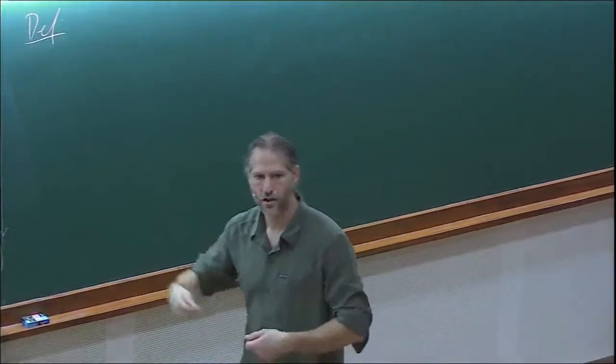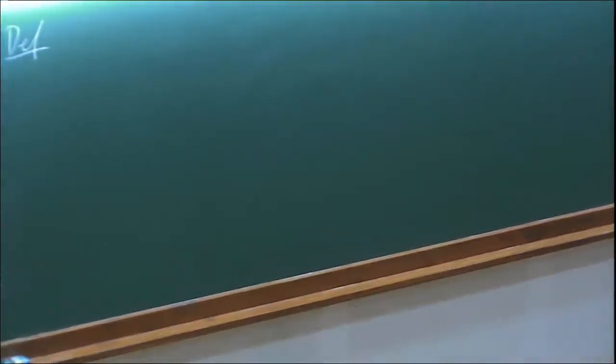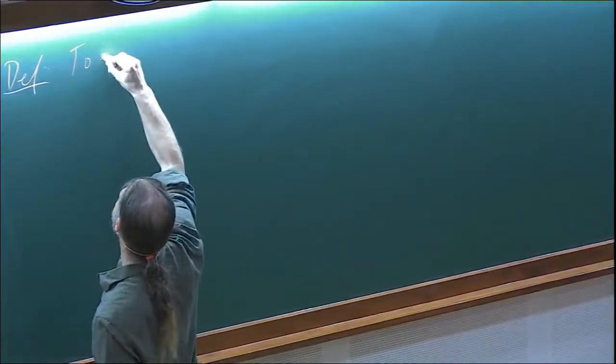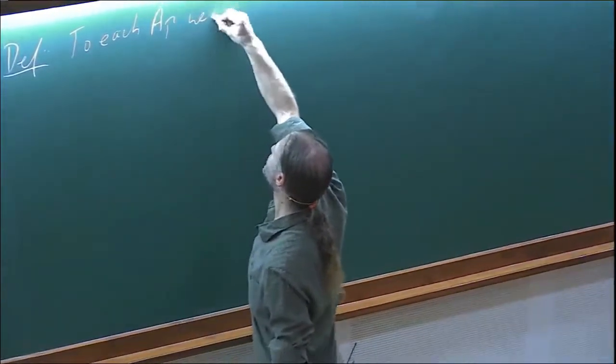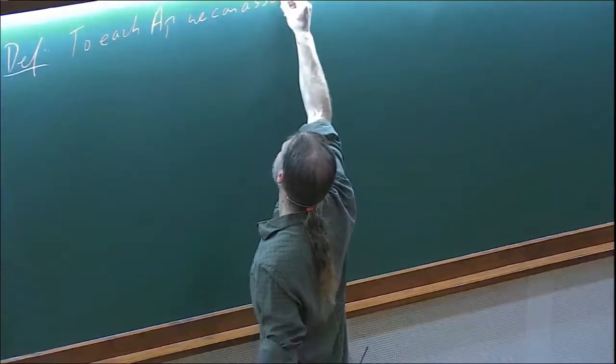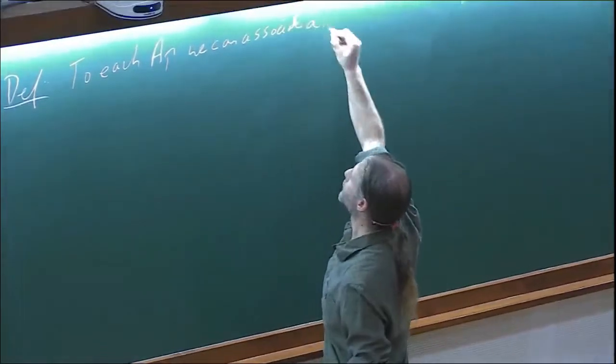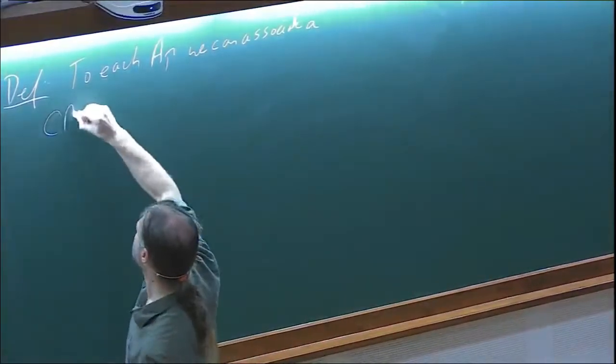Right, so the next thing I want to define is that to any one of these RAGs, there's a canonical association. Let's call the group A sub gamma. So to each A gamma, we can associate a CAT(0) cube complex.